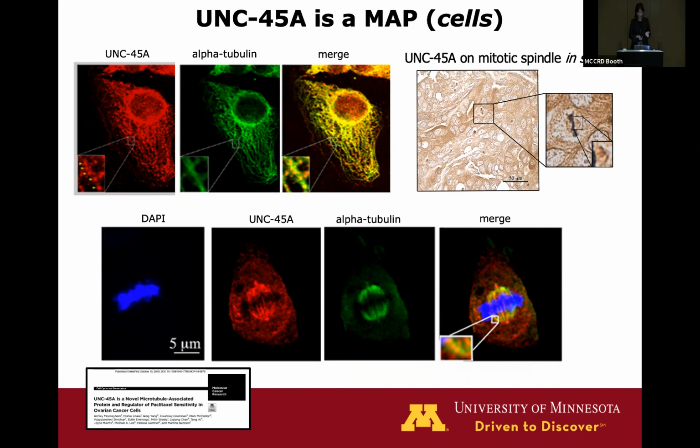You can see ANC45 is present on the microtubules in red here, and interestingly, it has an almost dotted pattern, which is very similar to the dotted pattern we have seen in the purified microtubules. And then, of course, it decorates the microtubules of both interphase cells and the mitotic spindles. And we could even capture ANC45 present at the mitotic spindles in a dividing cell in a clinical specimen in situ.